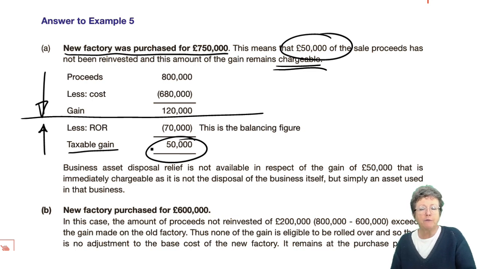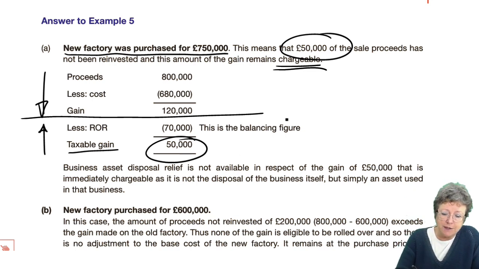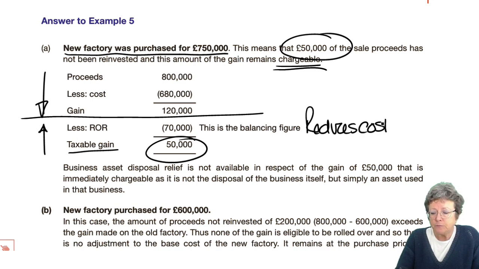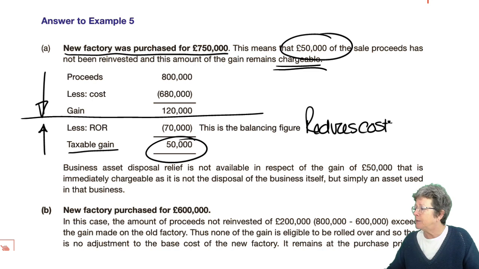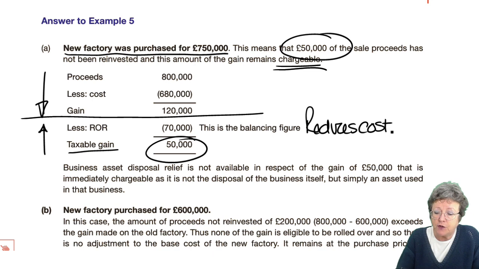Therefore, the rollover relief that can be claimed is £70,000. That then comes off the cost of the new building to give you the base cost of that new building. So it reduces the cost of the new factory.